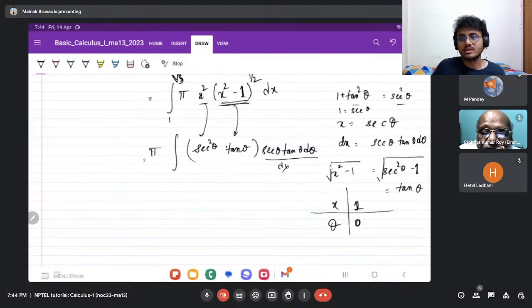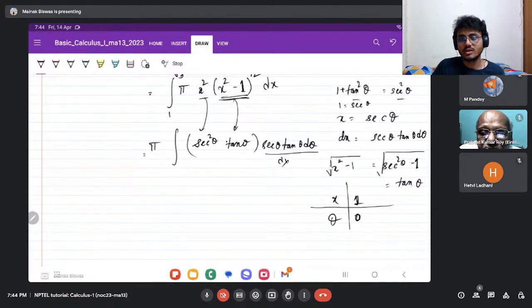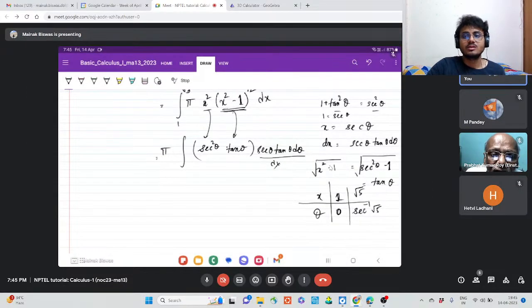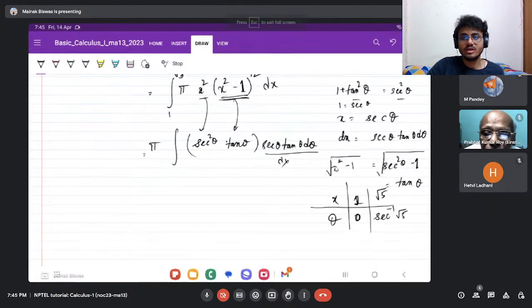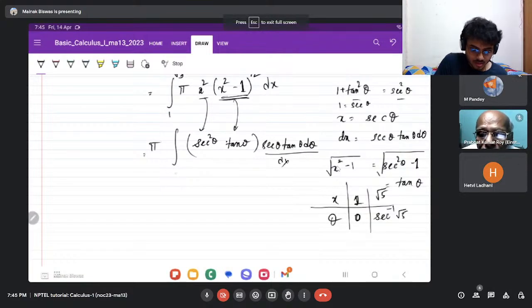Cos 0 is 1, so sec 0 is also 1. I hope it is clear. Next, you have root 5, which is nothing but sec inverse root 5. Agreed? Are the limits correct for everyone? So 0 to sec inverse root 5.